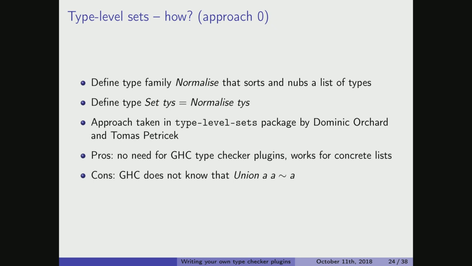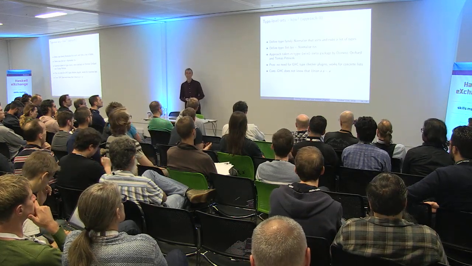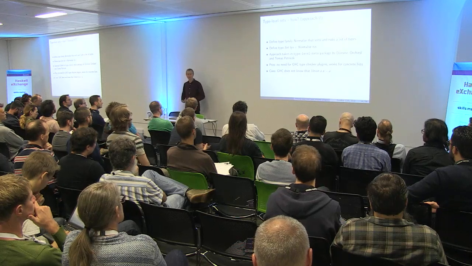So this is a type family that takes a list of types, and then the set of that is just you sort the list and you get rid of all the duplicates. So if we start out with a list of Int and Bool and another list of Bool and Int, we end up with the same normalized expression.